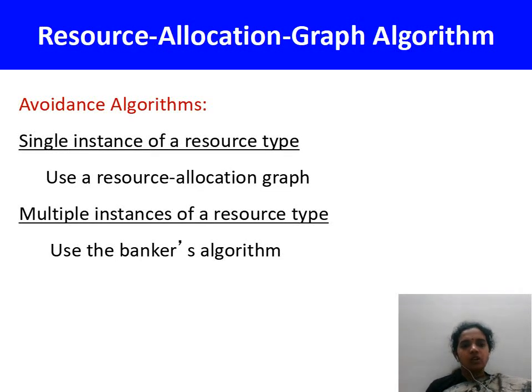In an avoidance algorithm, to avoid the deadlock, one may require additional information about how the resources are to be requested. For a single instance of each resource type, the resource allocation graph algorithm is used. That means only one printer, scanner or CPU can be attached to the computer. For avoidance with multiple instances of each resource type, we need to use Banker's algorithm.